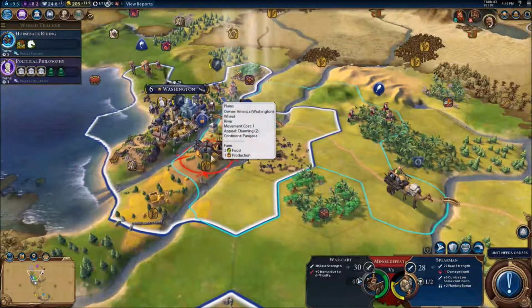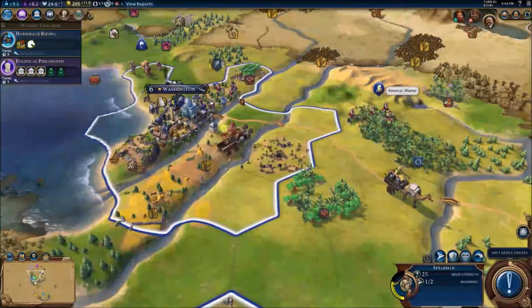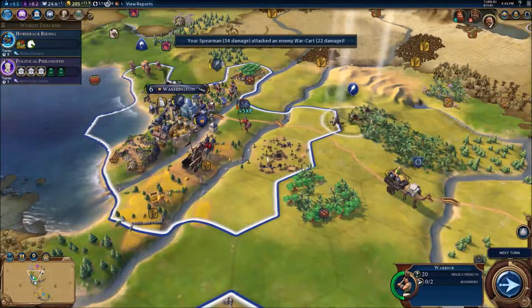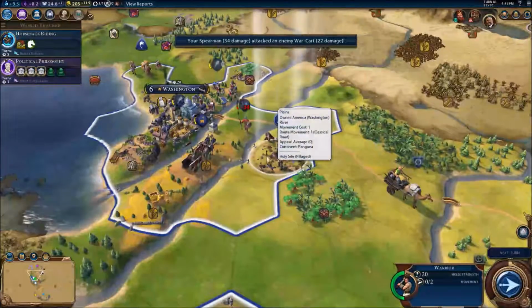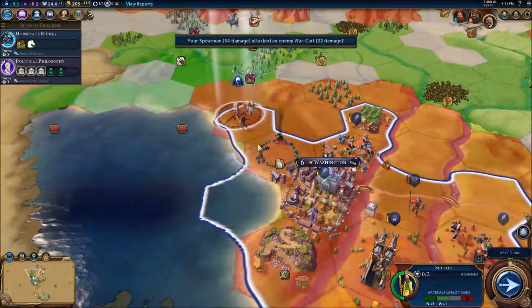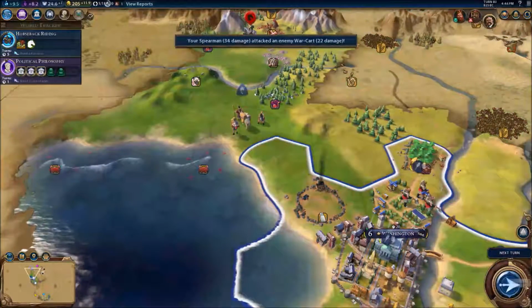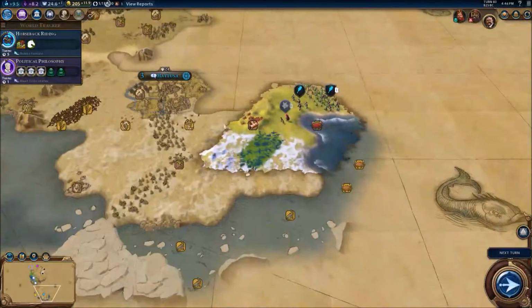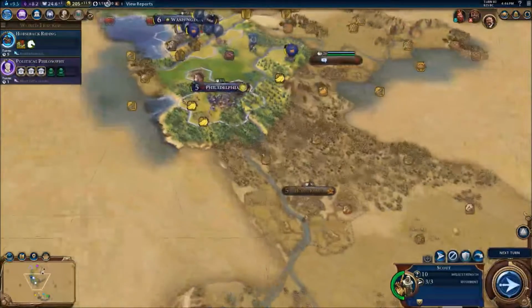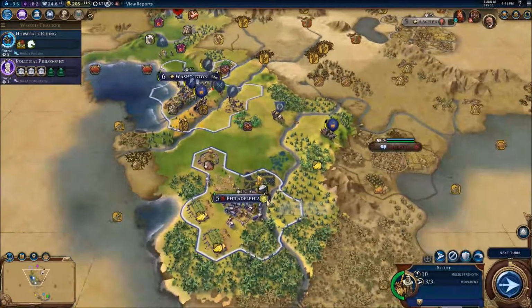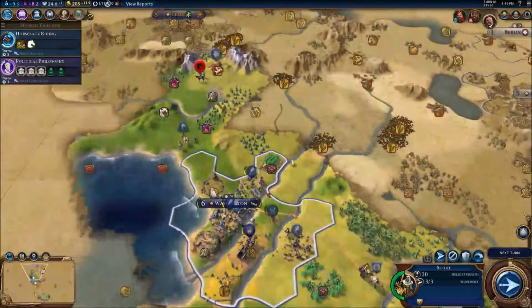Okay, it looks like our spearmen can take a minor defeat against the war cart, which won't kill them right out, but at least some damage towards them. And while the settler just sort of dances around, he's got his orders, and the wells will be built in 4 turns, and the commercial hub in 16.